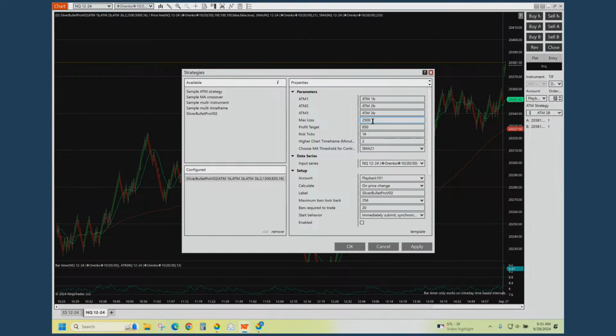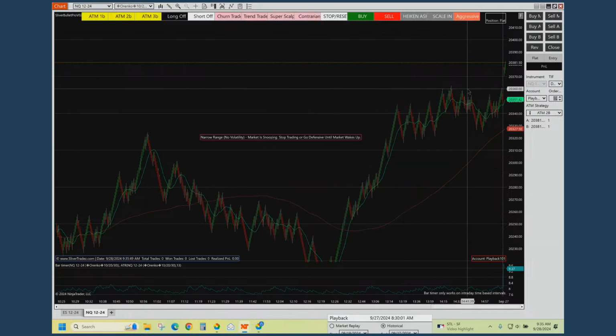I'm going to use $2,500 as the loss parameter for the session. Usually I keep the profit target at $2,000, but I'm going to up it to $3,000 this week, and I'm going to run the software and see whether it makes a profit.